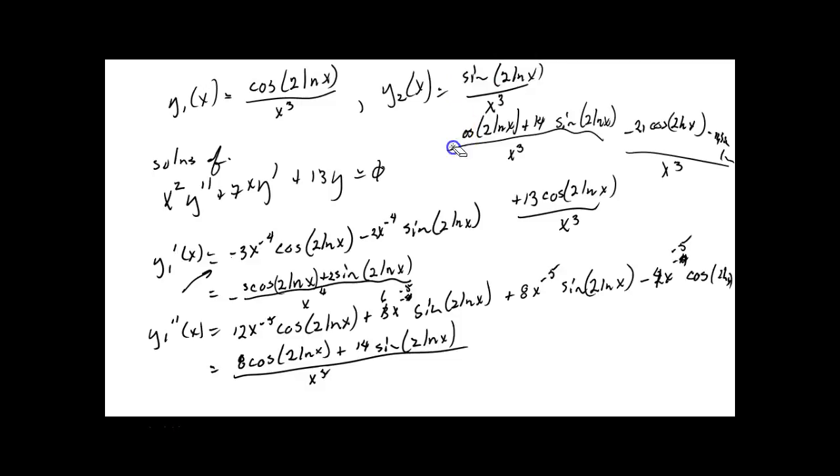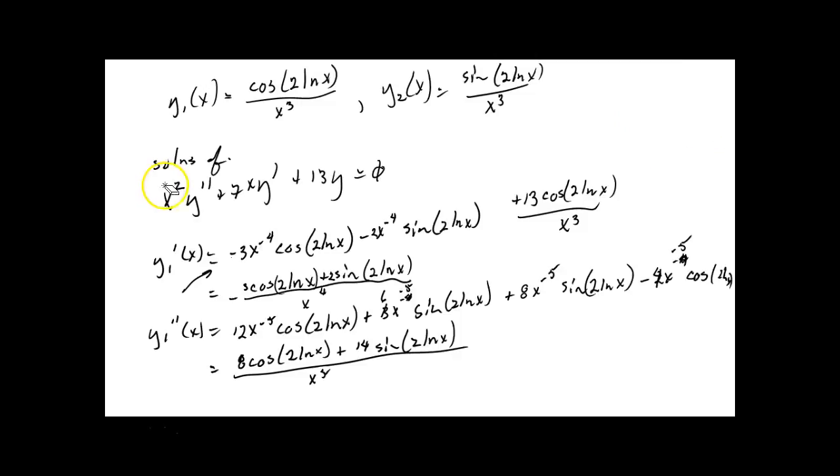And we need the y prime. Remember, you do y to the n minus first derivative. Since it's a second degree differential equation, we need the first ones. So I'm going to leave that.